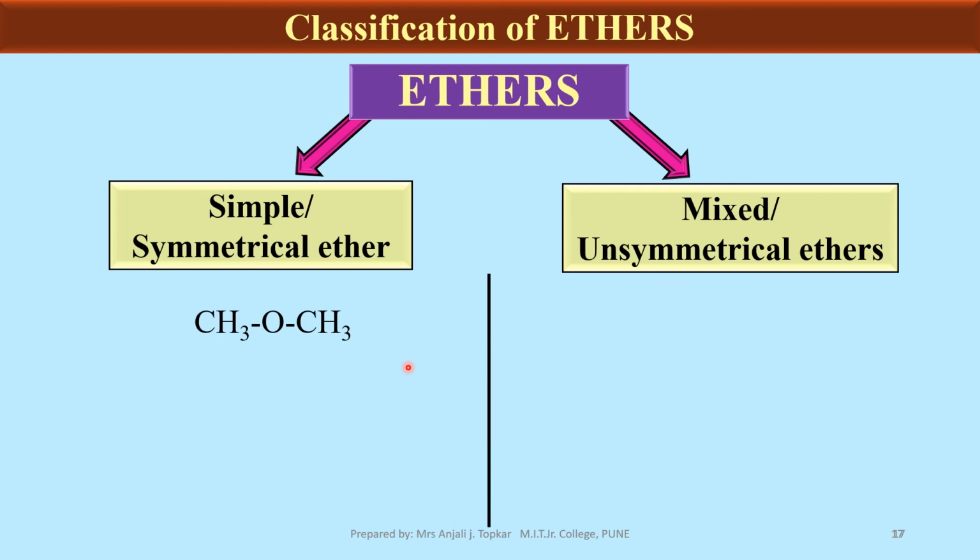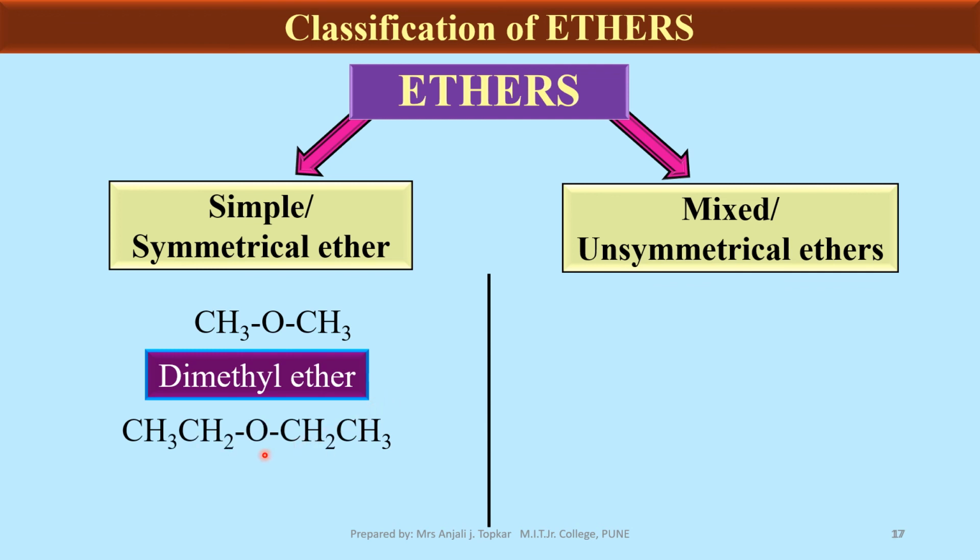So the name of the compound is dimethyl ether. Another example we can see here. Since the two groups attached to the divalent oxygen atom are ethyl groups, the name of the compound is diethyl ether. Now we are going to see the examples for mixed or unsymmetrical ethers.